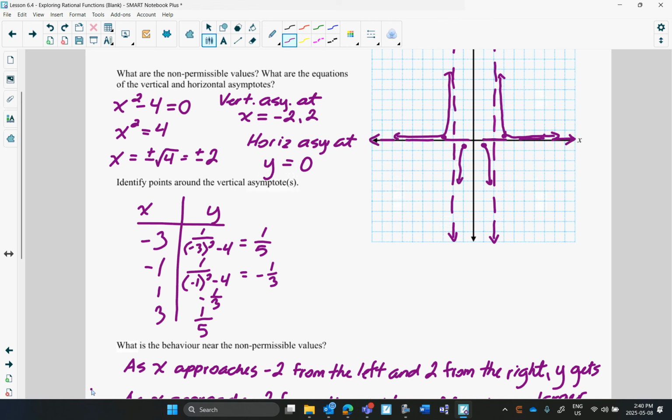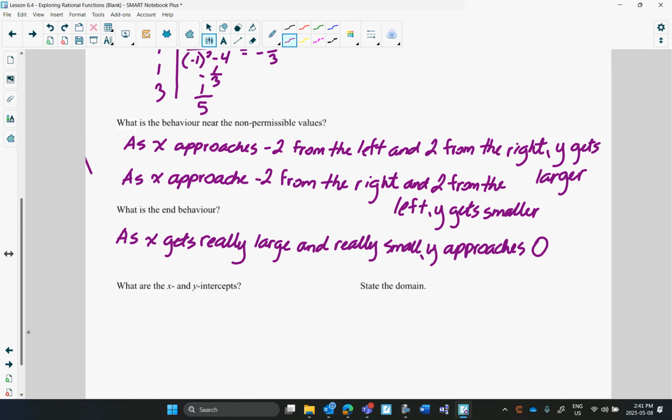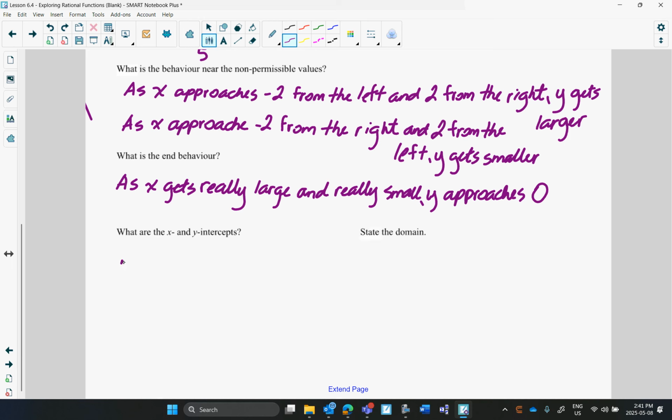You notice we haven't finished this yet, have we? What's happening in between these two? Is it going like this? Is it going like this? Is it going straight across? I don't know. Well, one thing that can help us figure it out is to find the y-intercept. To find the y-intercept, remember we make x equal 0.